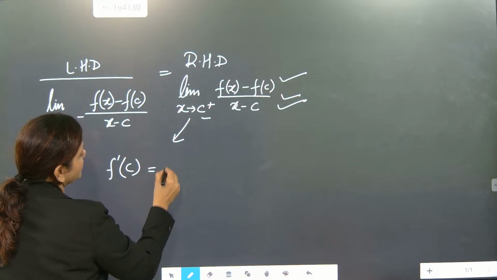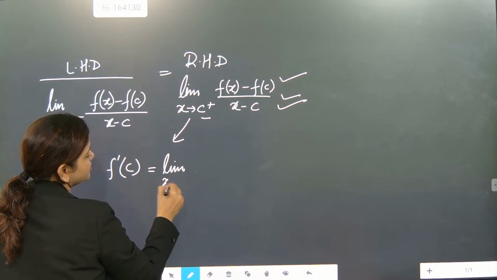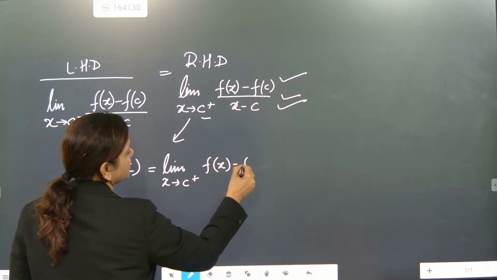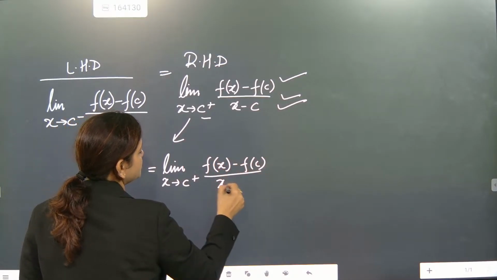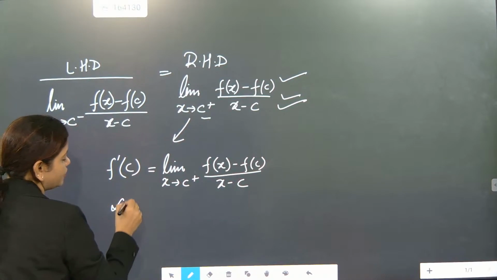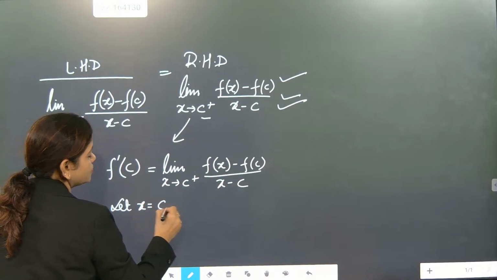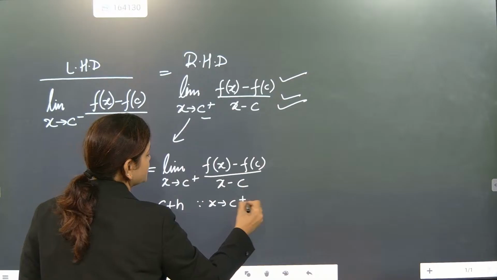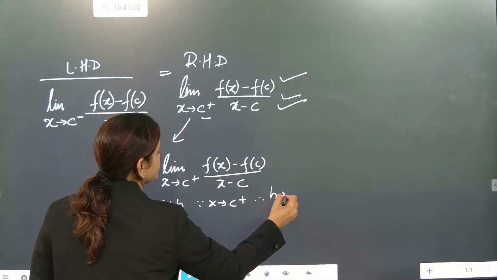So that part will come: limit x tends to c plus, f of x minus f of c by x minus c. Rishika, right? So here what you have to do: let x be equal to c plus h. Since x tends to c plus, therefore h tends to 0.